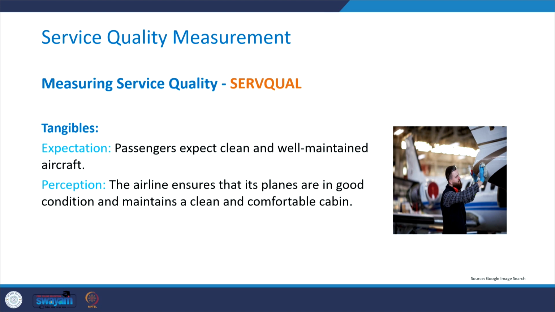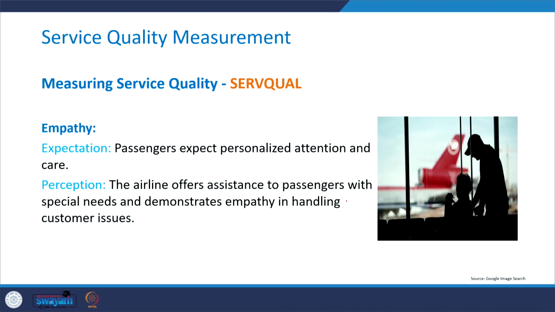Coming to the next dimension of tangibles, passengers expect clean and well maintained aircraft, whereas with a positive flying experience, the airline ensures that its planes are in good condition and maintains a clean and comfortable cabin. Next comes empathy. Passengers expect personalized attention and care, whereas the perception of a particular airline might be different.